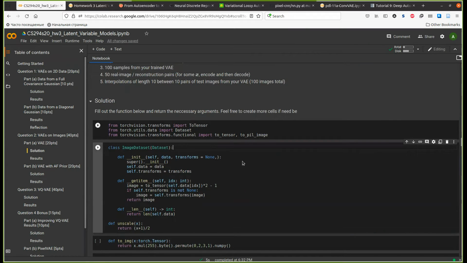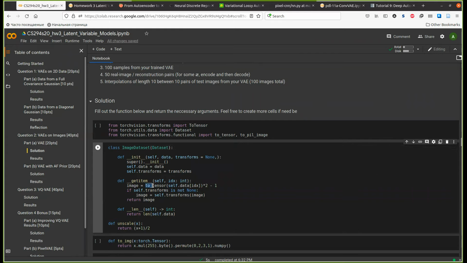Now let's have a look. The dataset is constructed, and we are getting the images here, but what we actually want is a tensor in the range between -1 and 1.